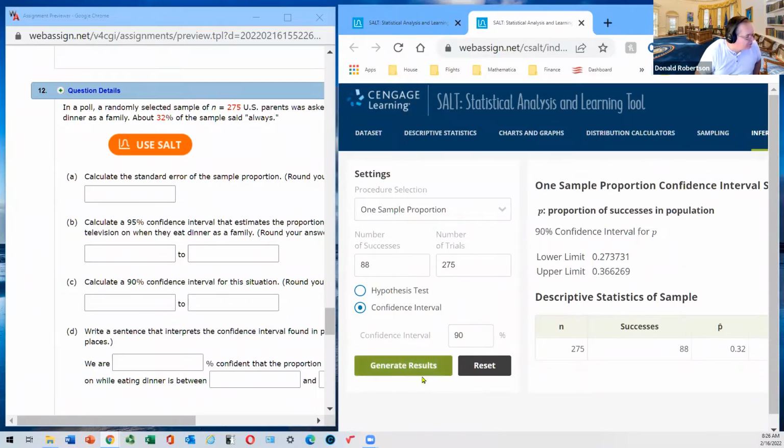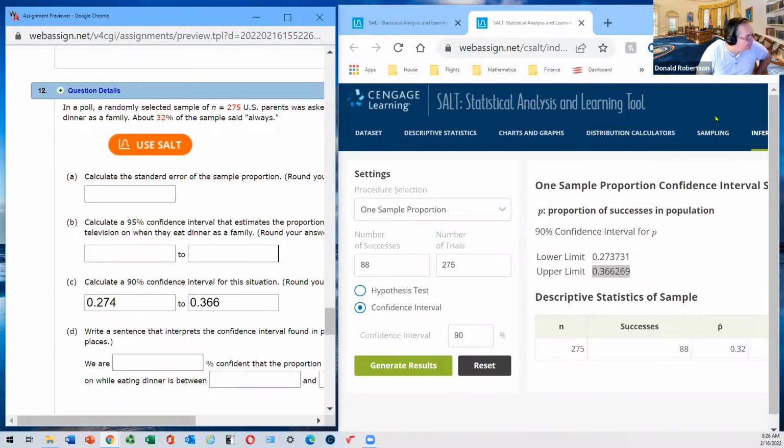So I'll generate the results. And this number here is the one that goes there. And this number here goes here. And I believe they want the answer to 3 decimal places, so I'll just round that off to a 4. And this one stays as a 6.